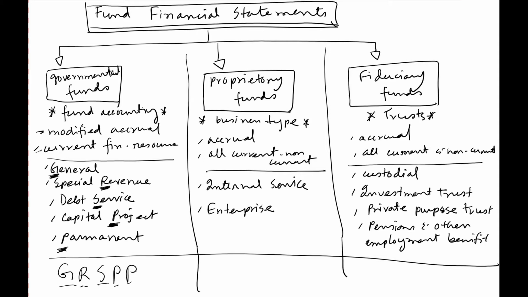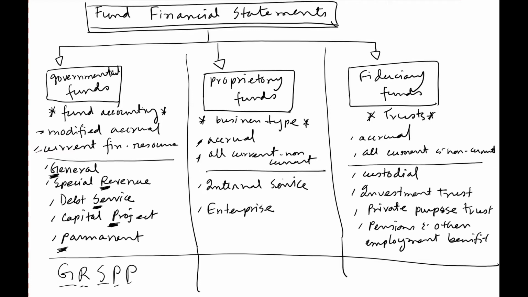So we know that proprietary funds basically cover all those business-type activities, and they follow regular accrual accounting. They cover all economic resources, whether current or non-current. So it's kind of typical accounting methods, and they have two types of funds under this proprietary category: internal service.